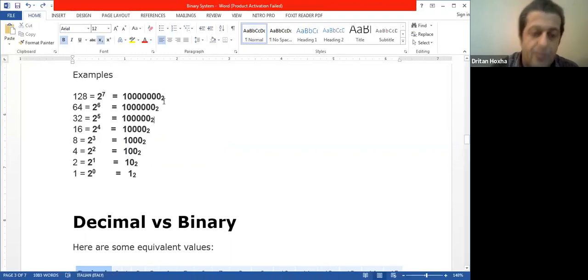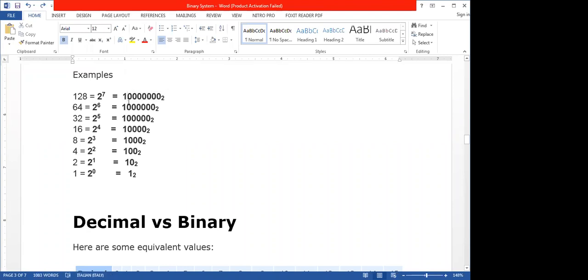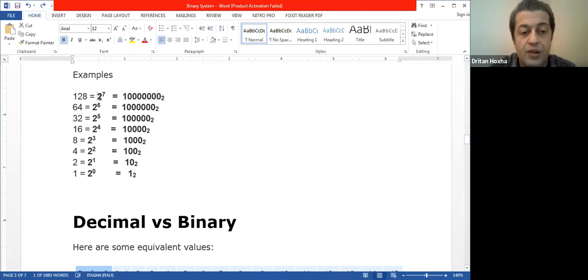In this number, we should write all zeros, only the digit on the left will be 1. But we start from the units, not from the 2s. So we should write not 7 positions here, but 8 positions, because the first position on the right shows the units, the ones.